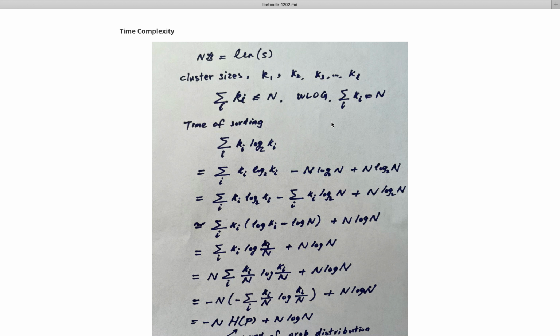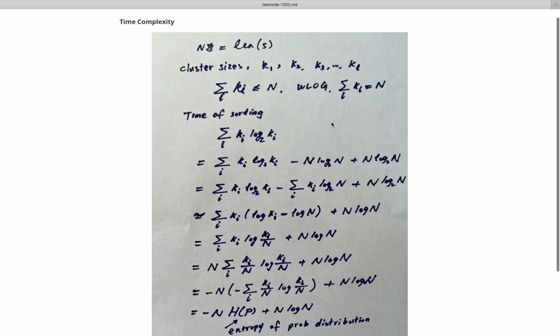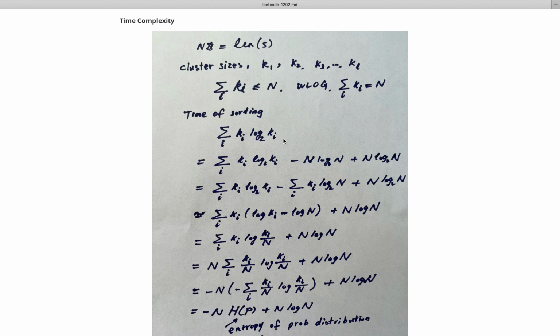Then the main time is in the sorting. Here we're going to make these computations up to a constant, or you can say we're using big O notation. For the sort, each takes basically a k log k operation. Then we sum all these times used in sorting each of the small clusters, that is ki log2 ki. Then we do the summation.